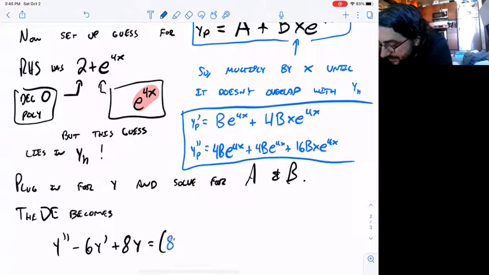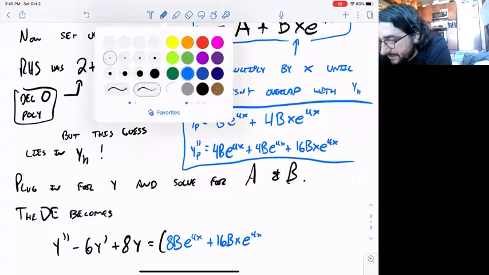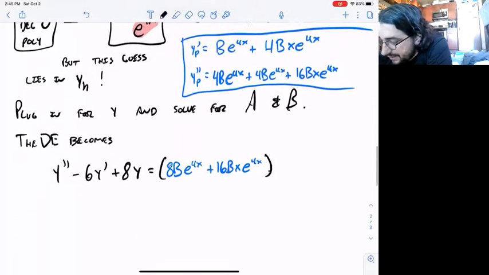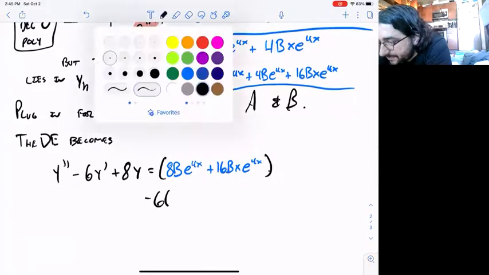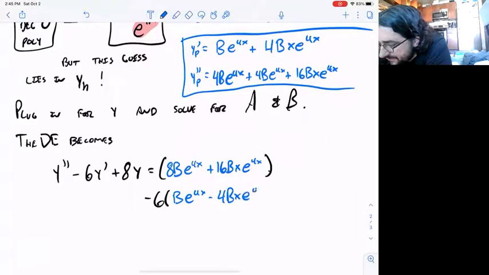So now I'm ready to plug in. So I have 8B e to the 4x plus 16B x e to the 4x. That's for y double prime. Then I have minus 6 times y prime, and y prime here is B e to the 4x plus 4Bx e to the 4x.